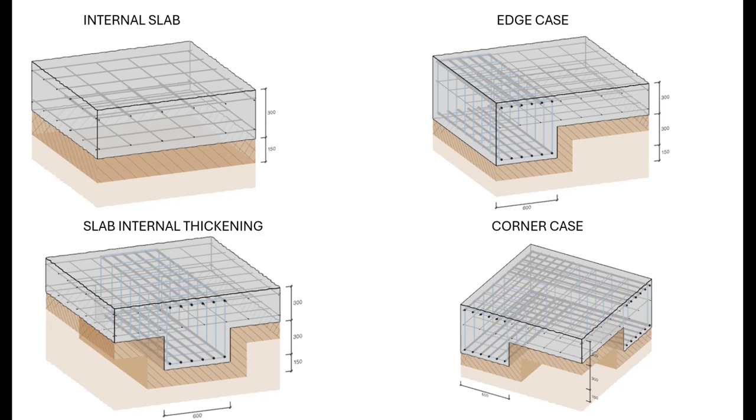Edge case is the same, but where we have walls standing on the edge of our slab. If those walls are not very heavily loaded, it is possible in our software as well to check the slab without thickening. And corner case, similar to edge case, but those 2 edge thickenings are meeting in the corner, and we can check it for point loads and line loads.